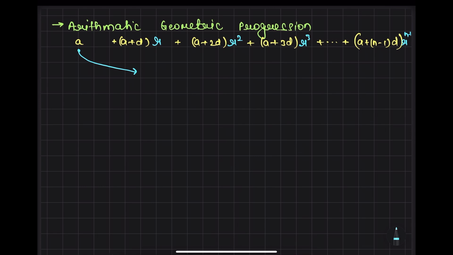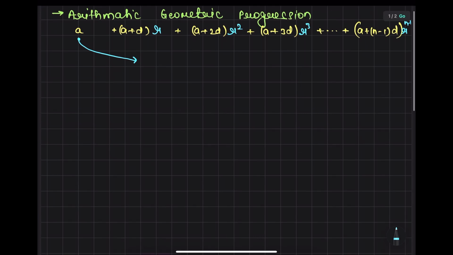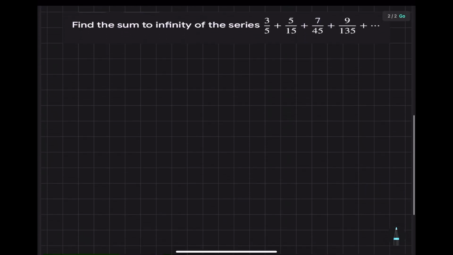Okay, let's apply this concept to a question so that we can build a better understanding. So look at this. Find the sum of the infinite series. Suppose it is x and it is given that it is 3 by 5 plus 5 by 15 plus 7 by 45 plus 9 by 135, dot dot dot.